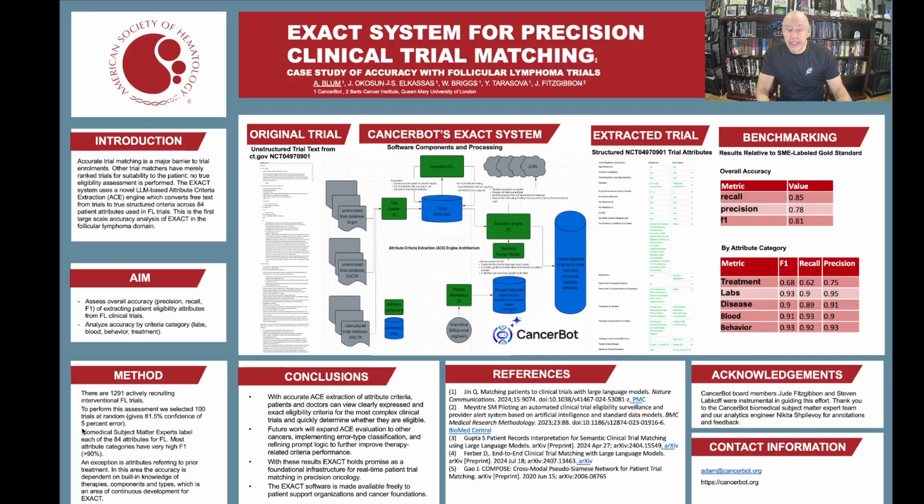And they label each of 84 attributes that are commonly used in follicular lymphoma trials. It's not every possible one, but it is the ones that are commonly used for eligibility assessment in follicular lymphoma. For another disease, it would be a different set of attributes.